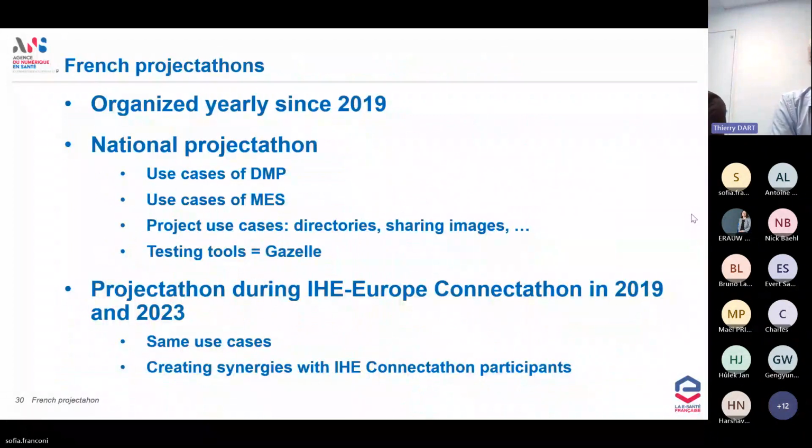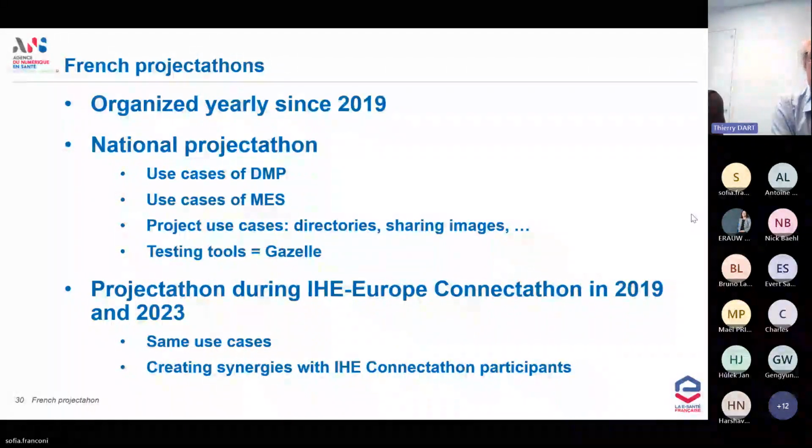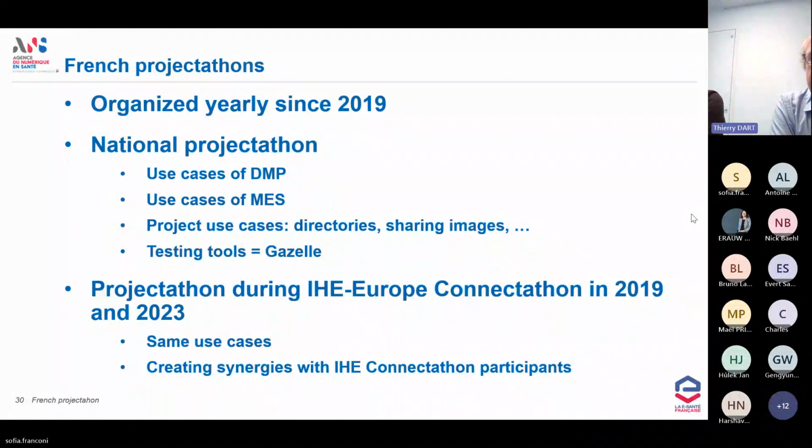We have been organizing projectathon now since 2020. It's a national projectathon. Most use cases are based on DMP, Mon Espace Santé. We are also organizing testing for, for example, directories, sharing image also, and the testing tool is based on Gazelle.